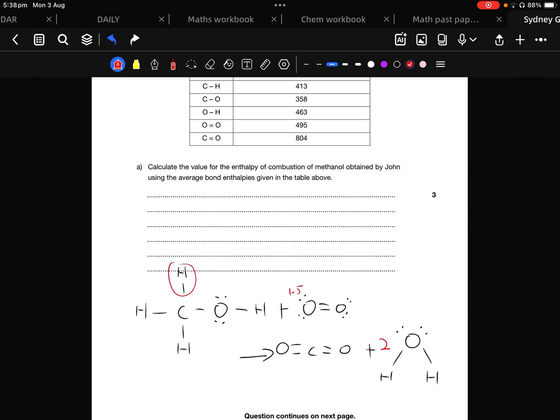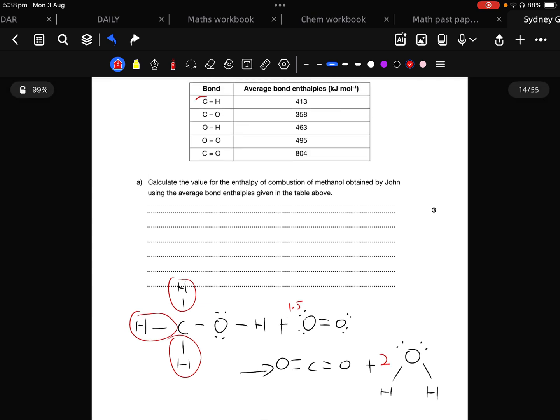So there are 3 hydrogen to carbon, and we can see here the bond enthalpy value of these bonds are 413 kilojoules per mole. So we got 3 C to H bonds. We also got carbon to oxygen, and that's this value right here.